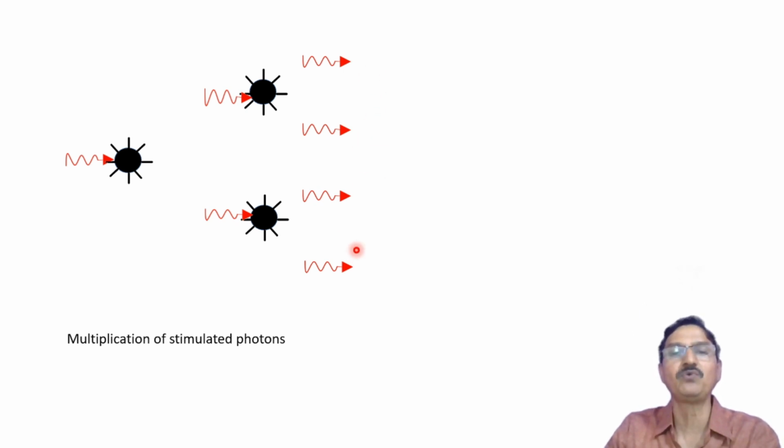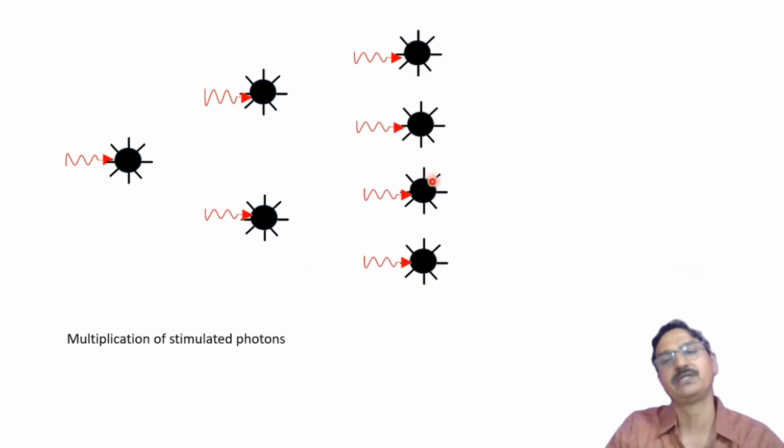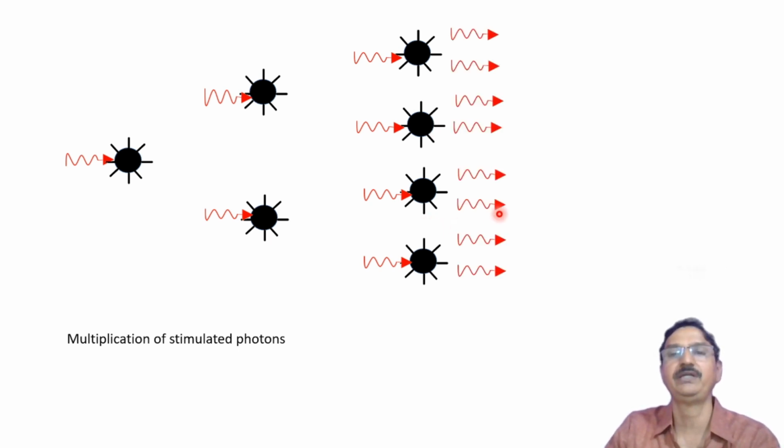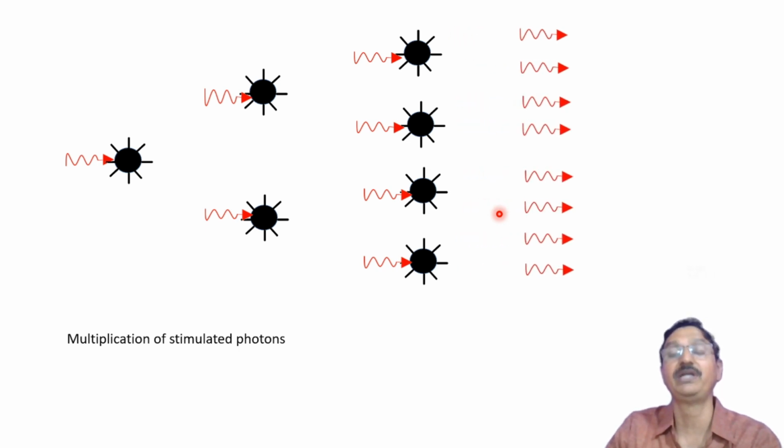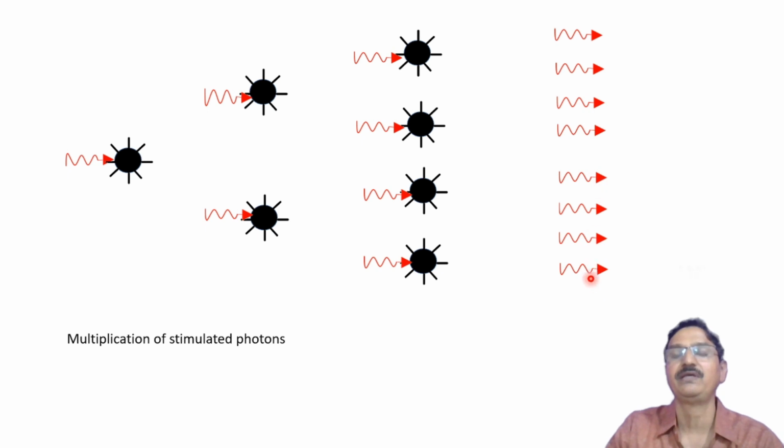These four photons will again be incident on four excited atoms, and each excited atom will generate two photons, and hence they come to stability. So these four excited atoms will generate eight photons, and these eight photons will travel with the same velocity and same direction.